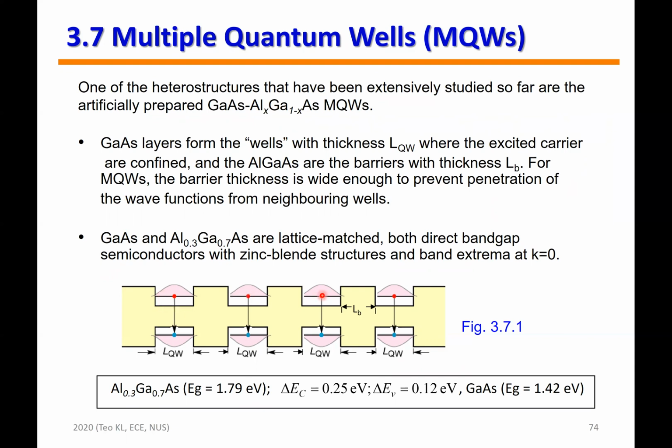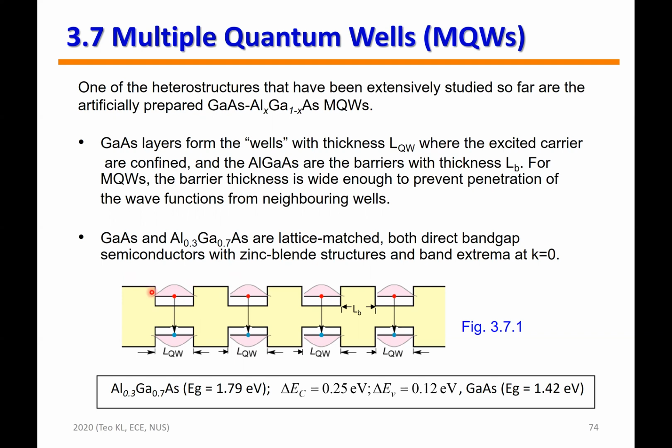If you have many wells, then there will be a high chance that the carrier or the hole is captured in the well, because your cross-sectional area for capturing the carrier will be larger with the number of wells present. So more carriers are able to trap into the well as compared to a single quantum well.